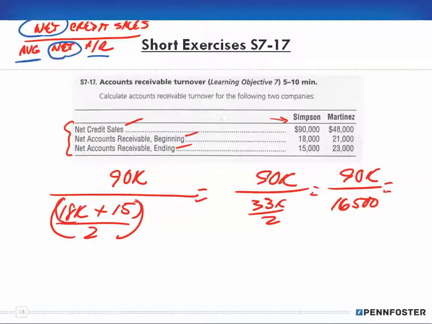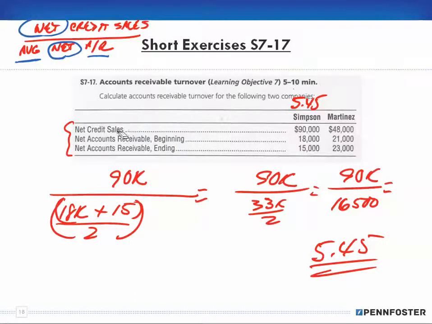If we divide 90,000 by 16,500, we end up with 5.45 as our accounts receivable turnover. 5.45.